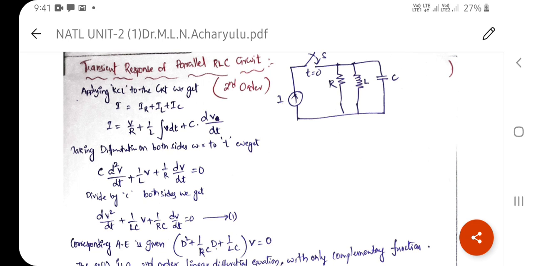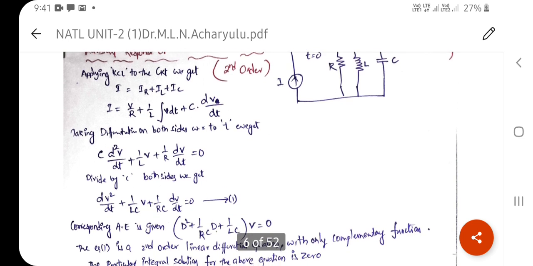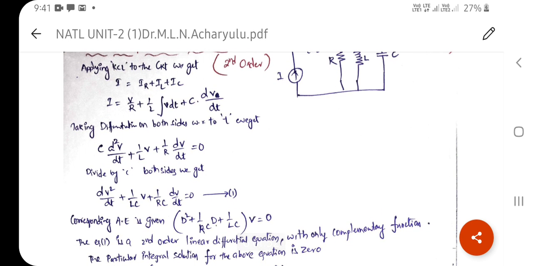Taking the differentiation on both sides with respect to t for the given equation, we derive: C into d square v by dt square, plus, since integral and differential cancel, v by L is left, plus 1 by R into dV by dt, equal to 0, because the derivative of the constant source is 0.